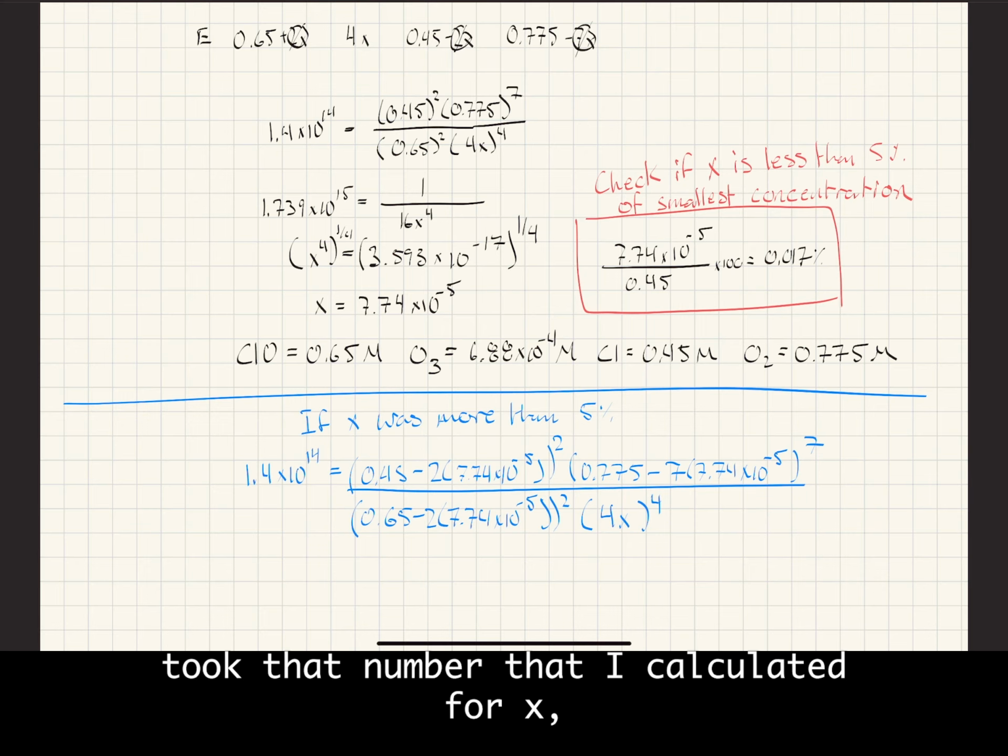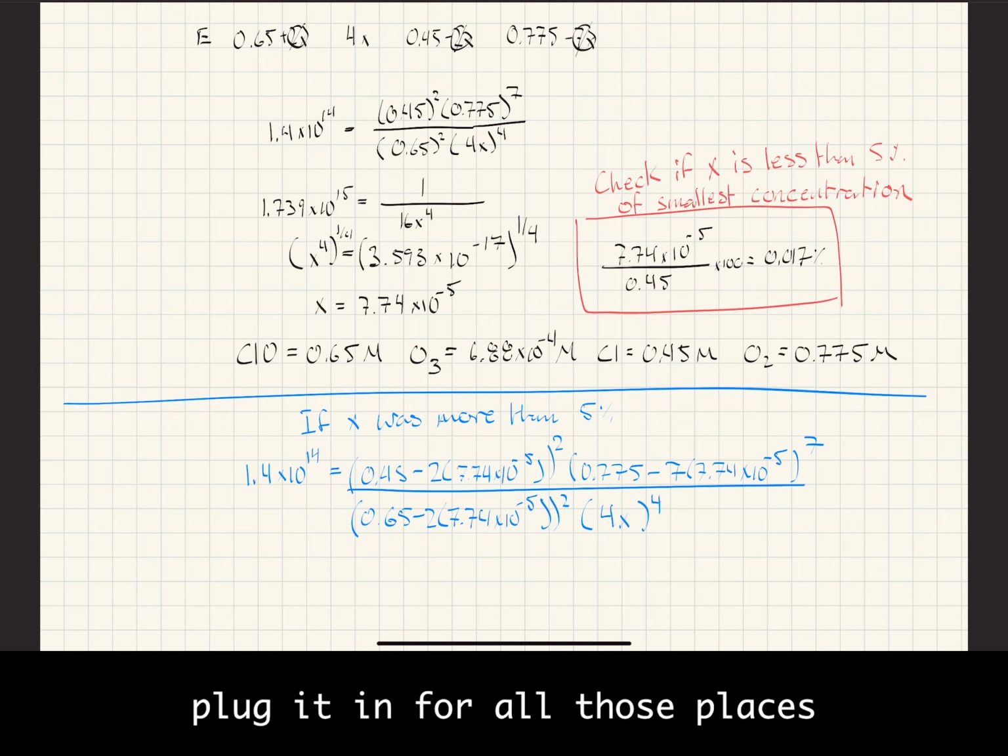So I just took that number that I calculated for x, and plugged it in for all those places where I assumed x was negligible.